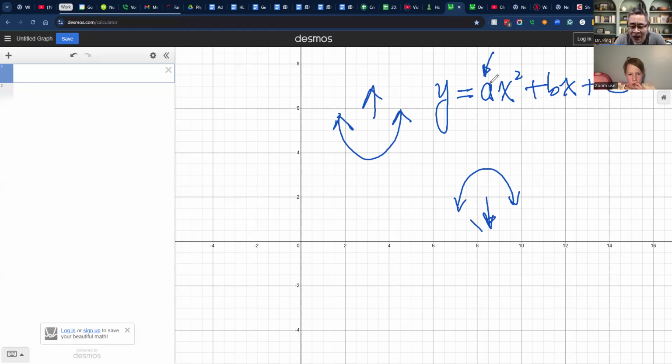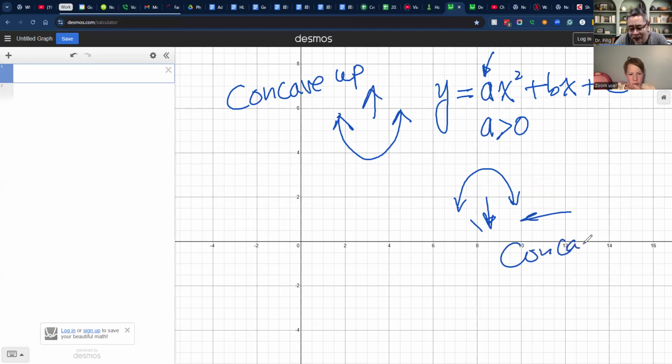If this a is positive, then we call it concave up, pointing up, or open up. So the right word to call that is concave up. And this is called concave down.